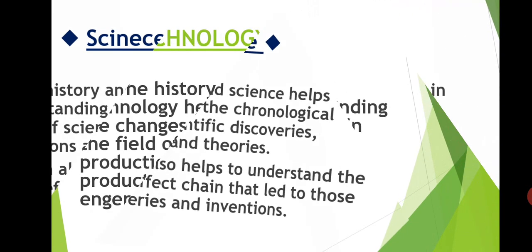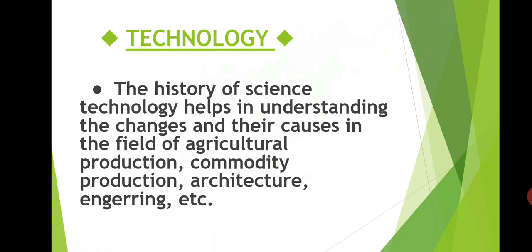Our next topic is technology. The history of science and technology helps in understanding the changes and their causes in the field of agricultural production, commodity production, architecture, engineering, etc. Scientific discoveries or inventions and technological development are mutually dependent on each other.